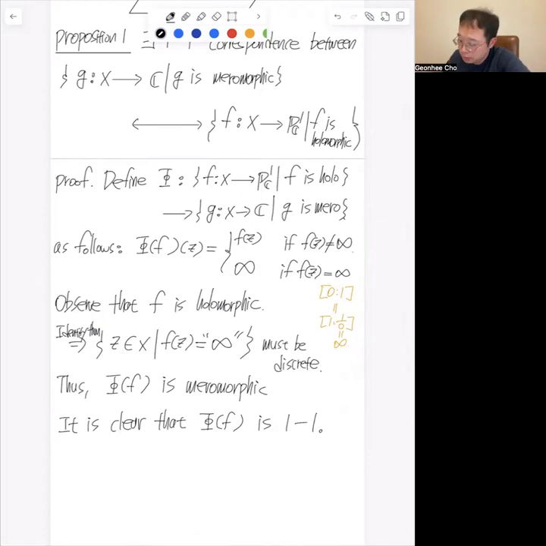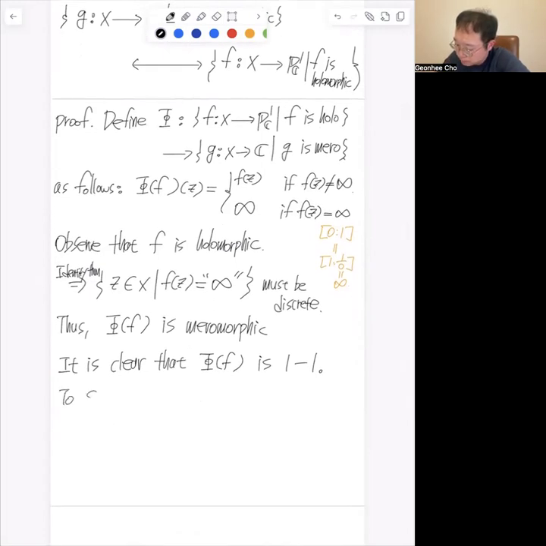So we need to show this map is surjective.